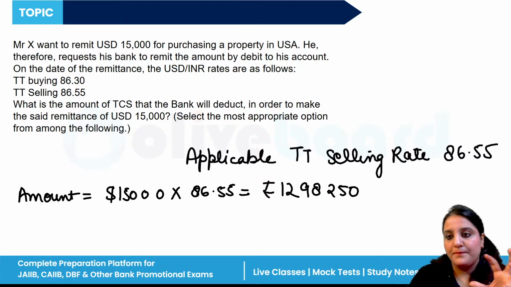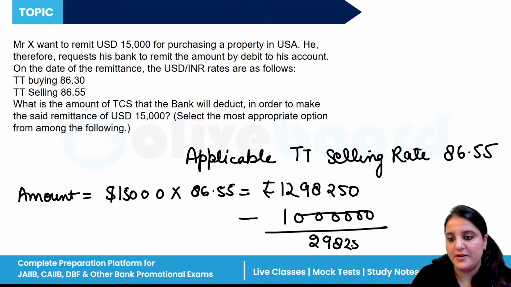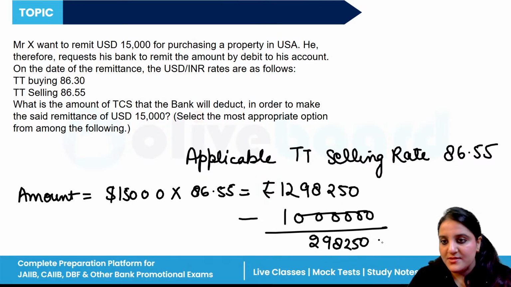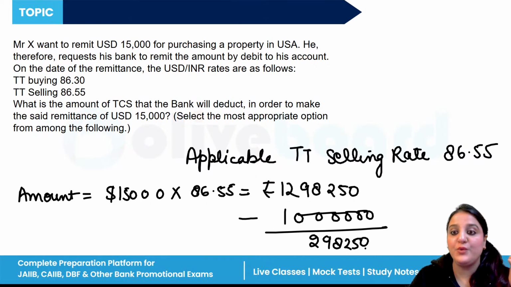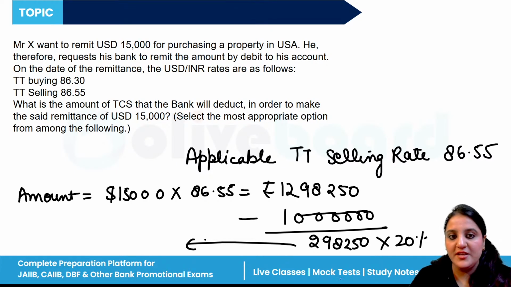Now we have to deduct the tax. Up to 10 lakh is exempted. So 2,98,250. And on this, we have to apply 20% of tax. And how much is it equal to? 59,650.